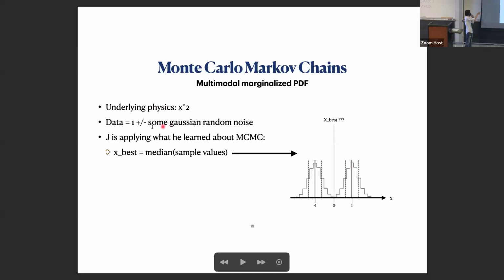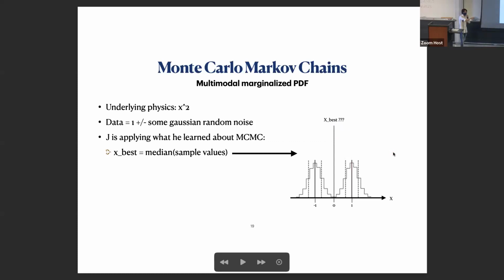You're going to generate some data points centered around 1 with some noise. So what you're going to have at the end of the day is just one parameter, not even a correlation plot. Those are PDFs, probability density functions. So you're going to have one probability centered around -1, and another one around 1, which is basically the answer to x squared equal 1 with some noise. If you take just the median of this chain, the only thing you're going to find is that your best value is 0.